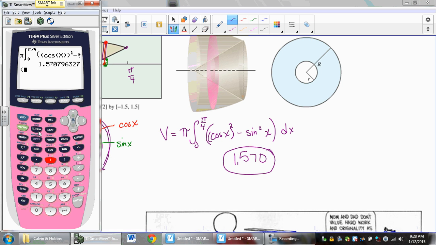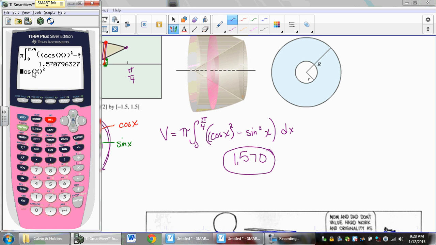Now, quick note on your calculator, this is just me. I really like to know where that squared is, so when I square cosine, I always do a double parenthesis here. Technically, you can square cosine like that, but you can also square it like this. There we go. The reason I don't like doing that is because a lot of times that's going to make you think that this is the cosine of x squared, and it's not.